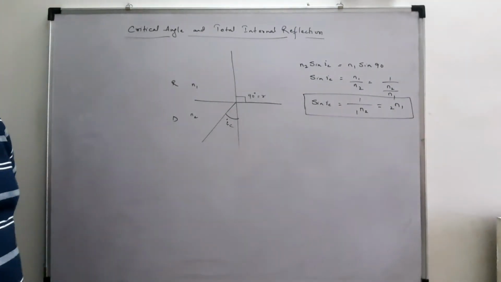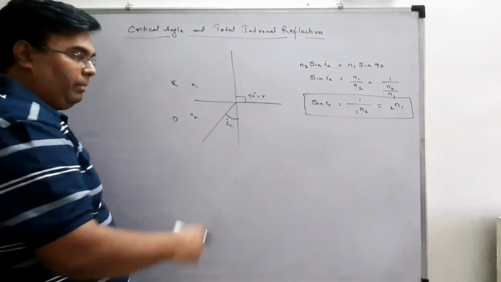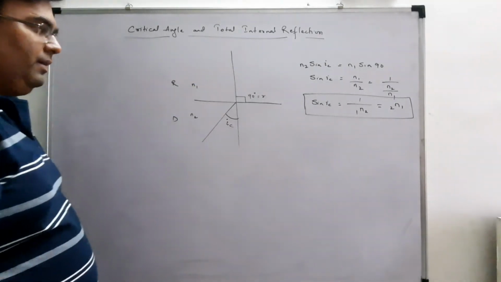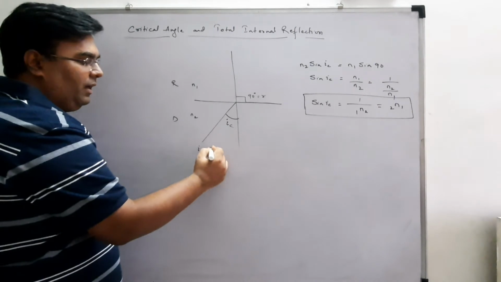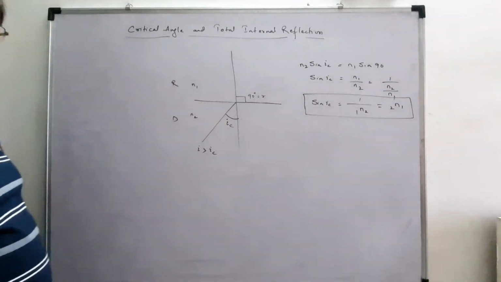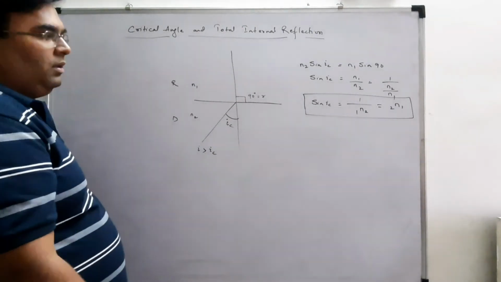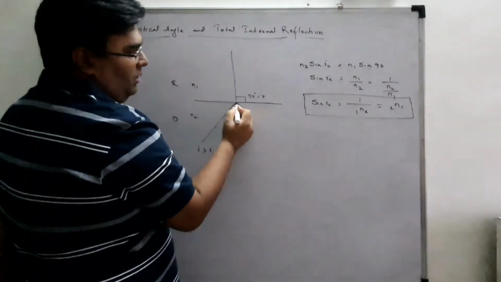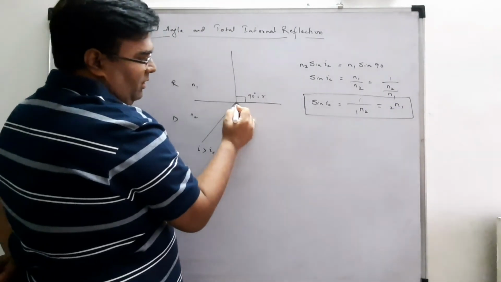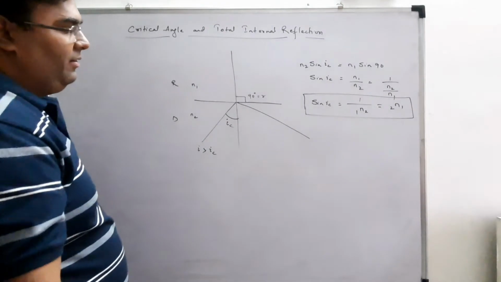Now further, if I increase my angle by a little amount, suppose my I is greater than IC, what will happen? This R will also increase. Now my refracted ray will not be a refraction, it will be a reflection, right?